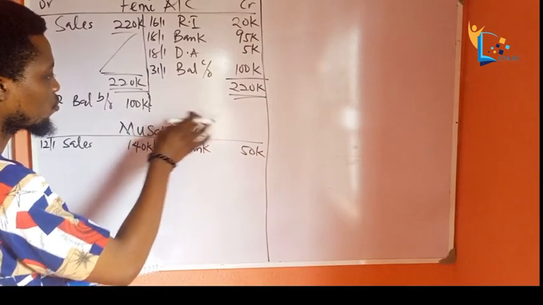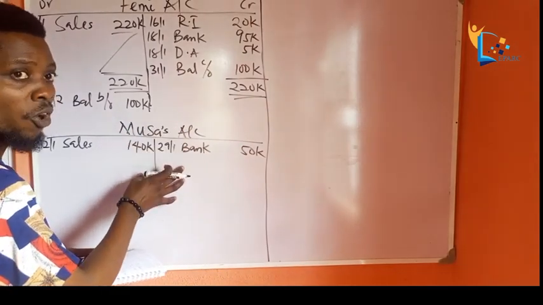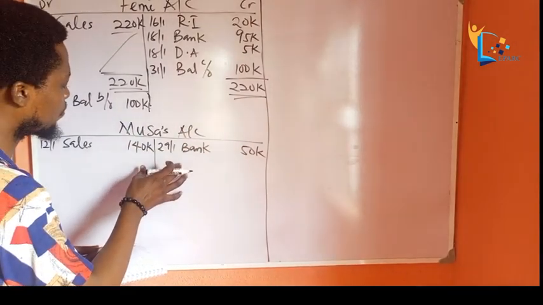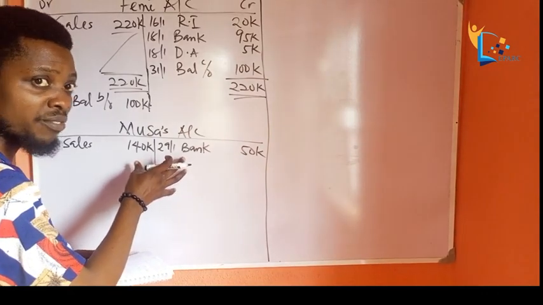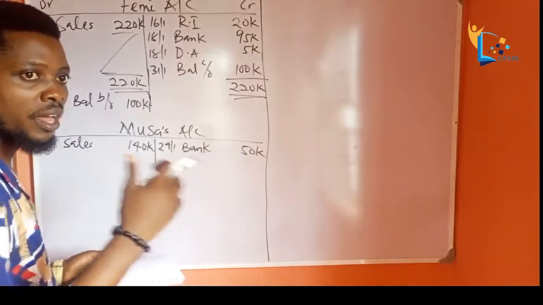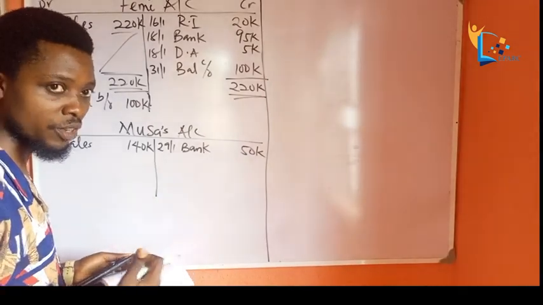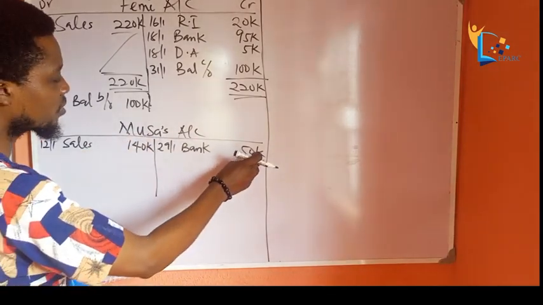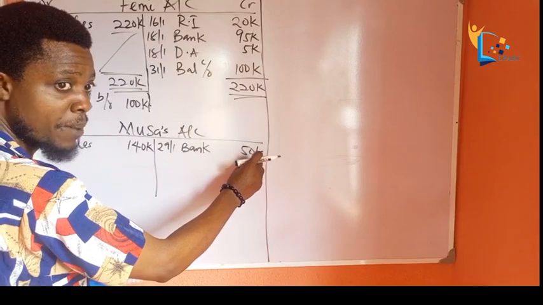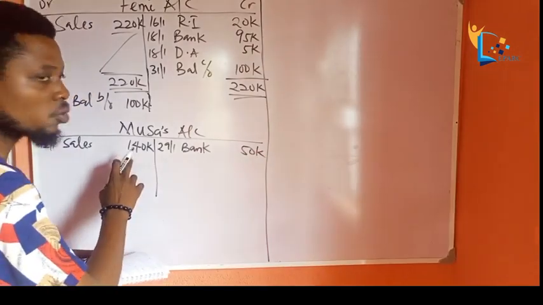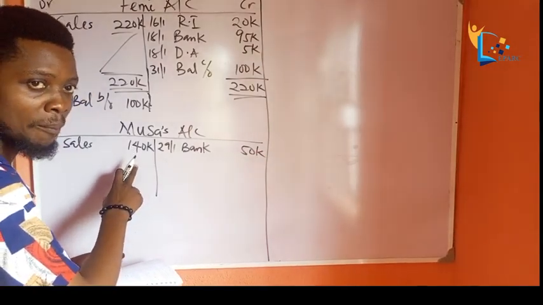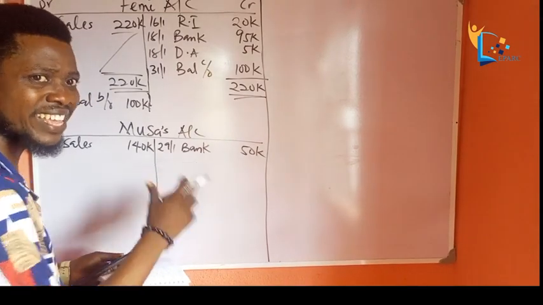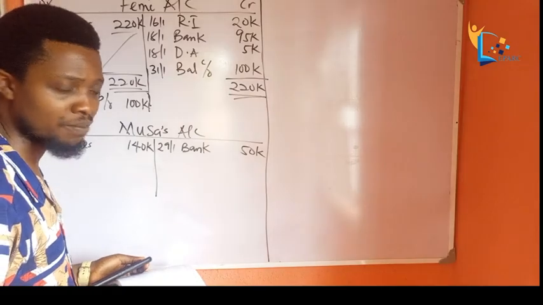Remember I told you, for a debtor's account, somebody that is buying from us, okay? A debtor is someone buying from us, someone that is owing us, okay? For a debtor's account, you will always reduce what he paid you or she paid you from the total goods you sold to him or her to get the balance that he has to balance you, okay?